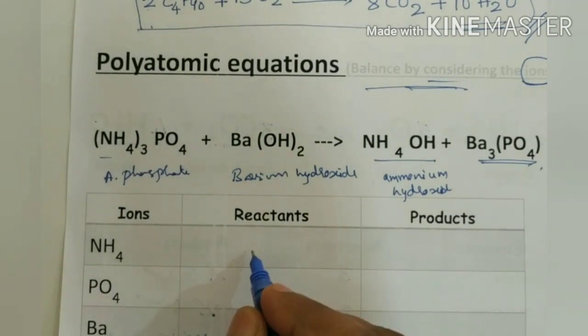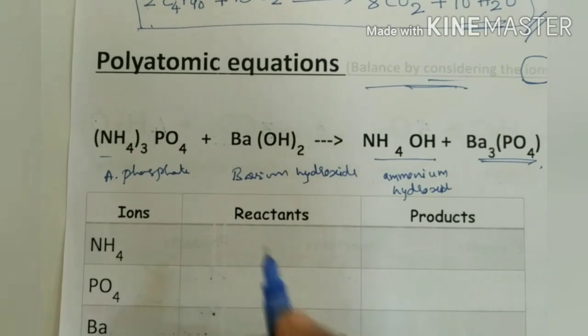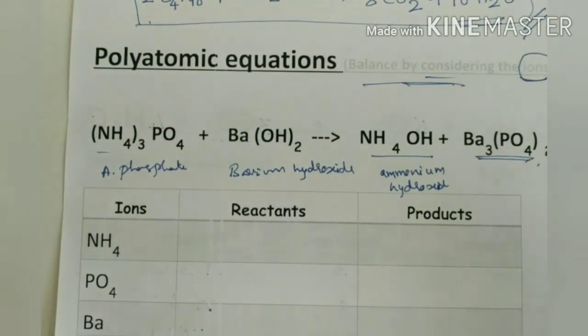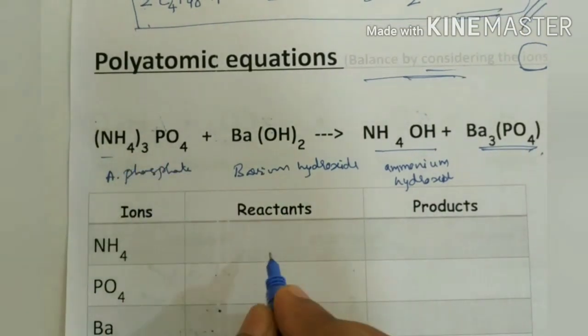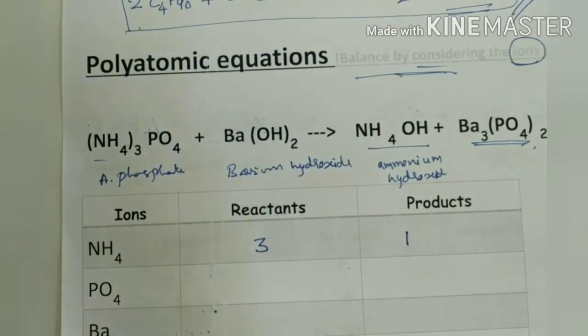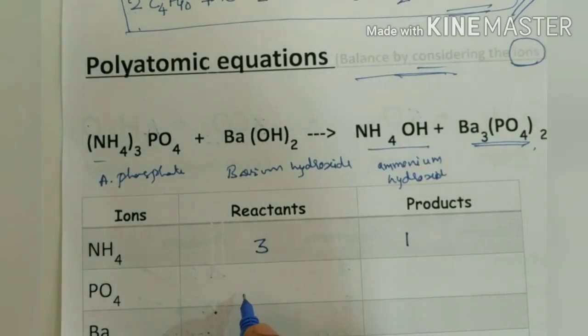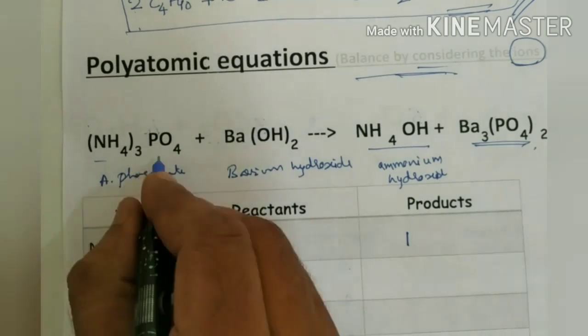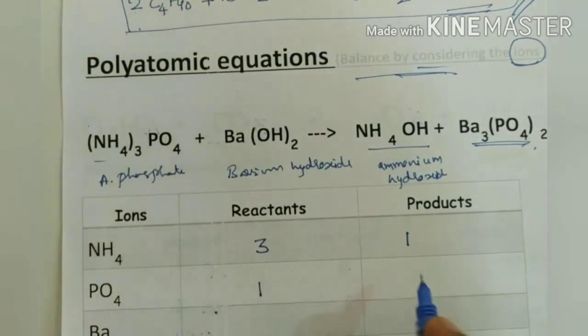So how many NH4 are there here? Yes, you are correct, it is 3 here, and here it is only 1. PO4 is 1 here, but 2 here.